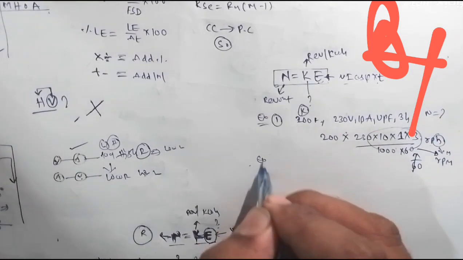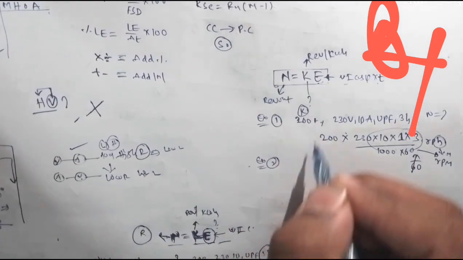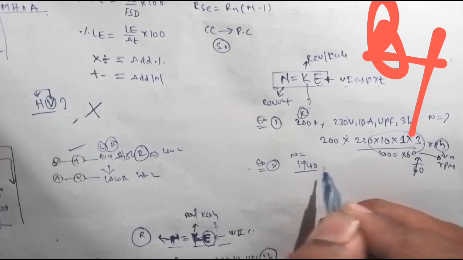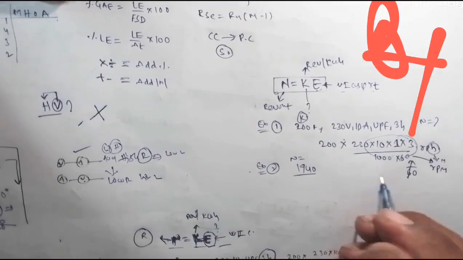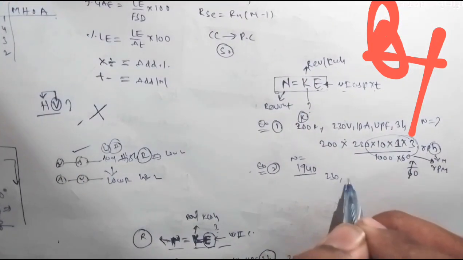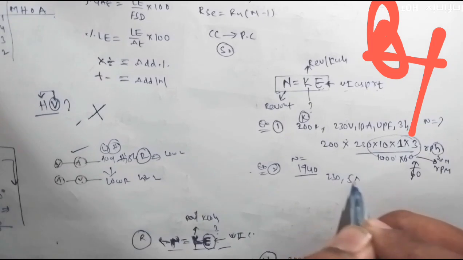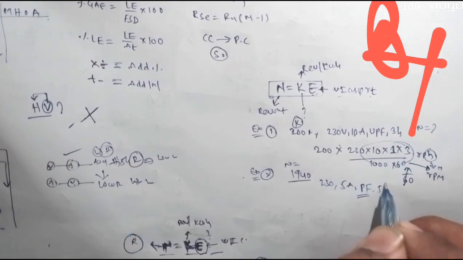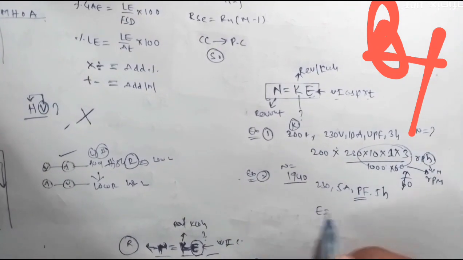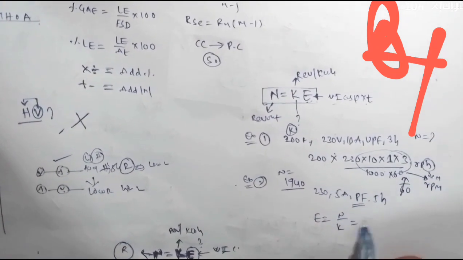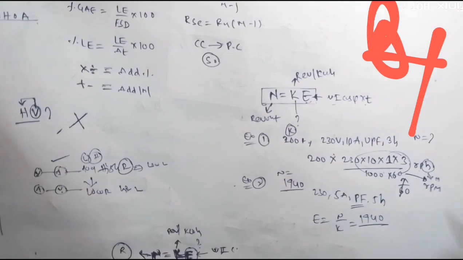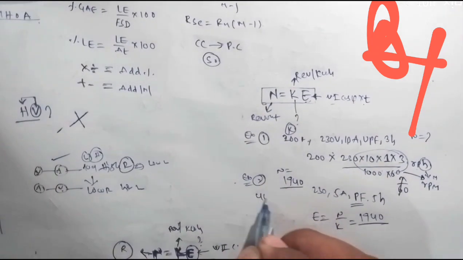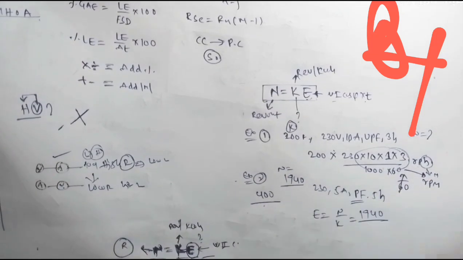For example number 2, they give 1940 as the revolutions made by the disk in the energy meter. The applied voltage is 230 and the current is 4 amps. What is the power factor if it runs for 5 hours? Simple: E is equal to N by K. N is 1940, and K is 400, 400 revolutions per kWh.